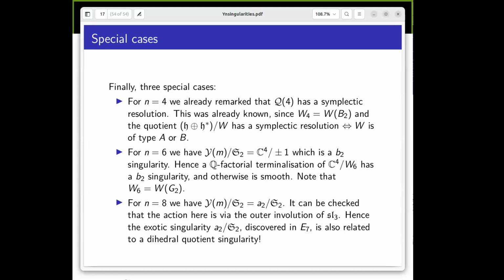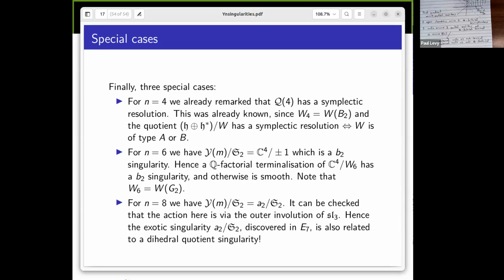Just to make sure I understood, Paul, this SL2 action, the group SL2 is acting on Y of M via this embedding into SL2 cross symmetric power of V. So it's acting on the V by the adjoint action, you're saying, and this embedding is stable under this action. Is that what you're saying?